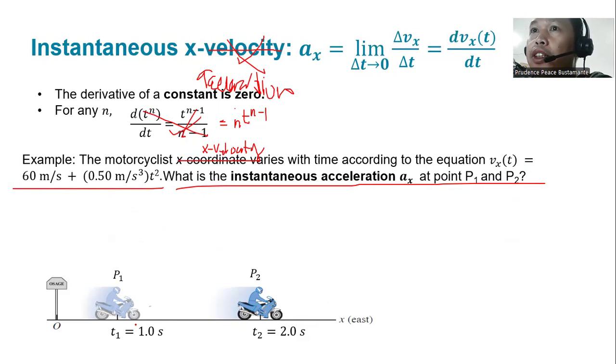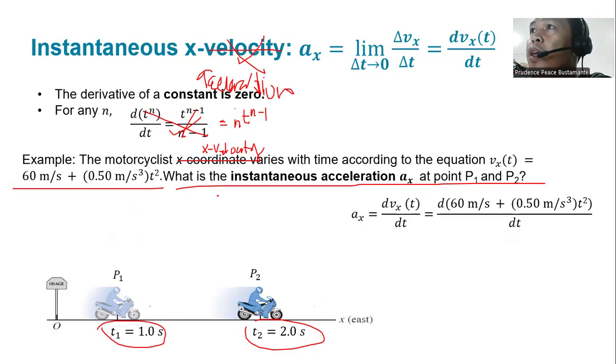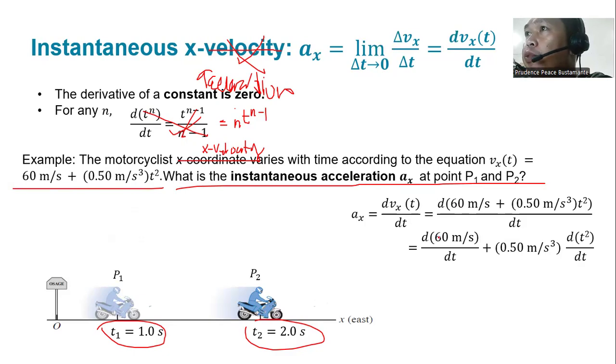If you have a function of your velocity, then you can calculate your instantaneous acceleration. So the derivative of this function is just equal to this one. Let's distribute: the derivative of the first term and the derivative of the second term. The derivative of the first term is equal to 0.